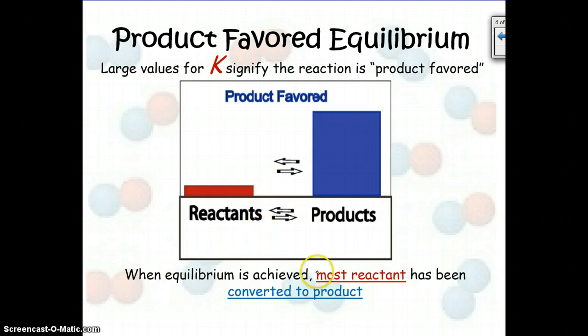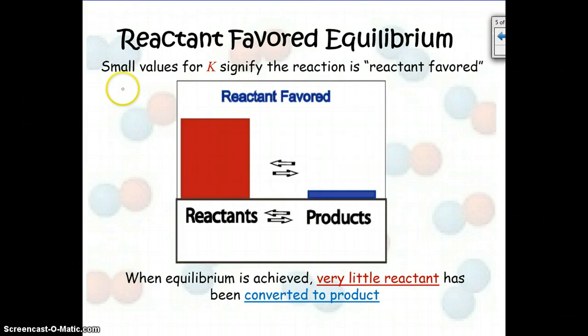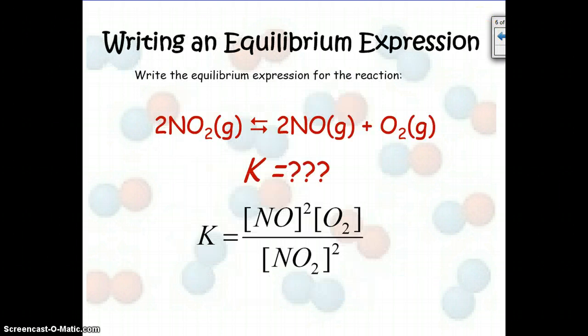When the equilibrium is achieved, most of the reactant has been converted to product, so at equilibrium you will have majority product. Now, when you have a tiny value for K, this tells you that it is a reactant favored reaction. That means that when you reach equilibrium, you will have a lot of reactant and very little product. Most of the reactant will still be there, and very little will have converted to product.